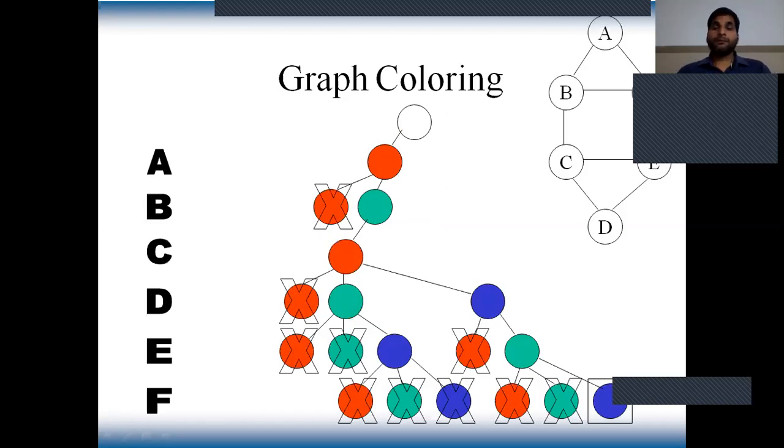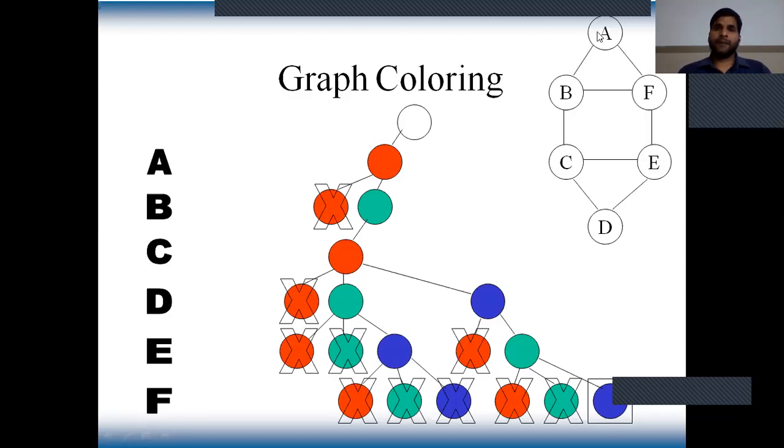Now we draw the state space tree diagram like that. First A, if colored orange, then we cannot color B orange, but we can color it blue or green.